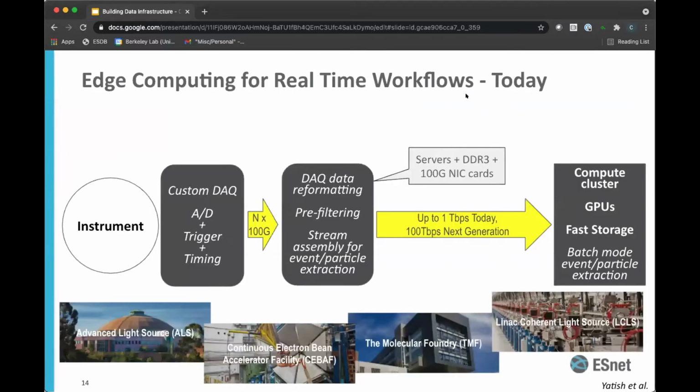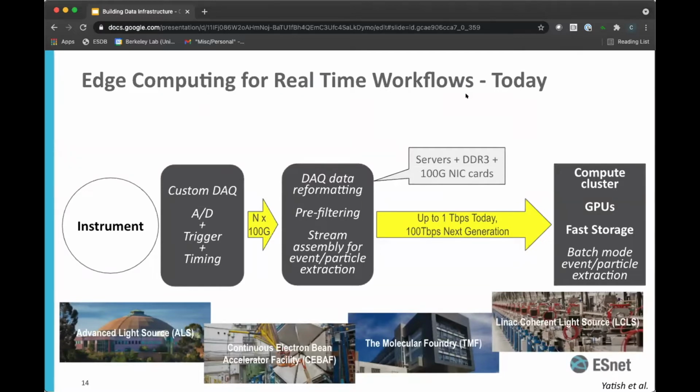Now I'm going to change gears and talk about edge computing. The activity that we're doing with edge computing is really nascent right now. A lot of what we're doing is to understand what the workflow looks like, and where potentially our participation would be. So this is just to give you a general idea of how we see real-time workflows being executed, right?